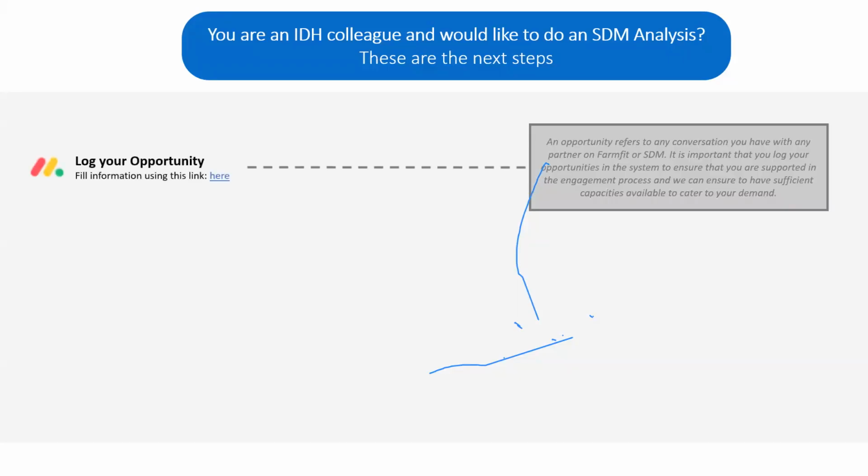So what we do is we talk about two different stages when we want to understand what you're up to: an opportunity stage and an SDM request stage.